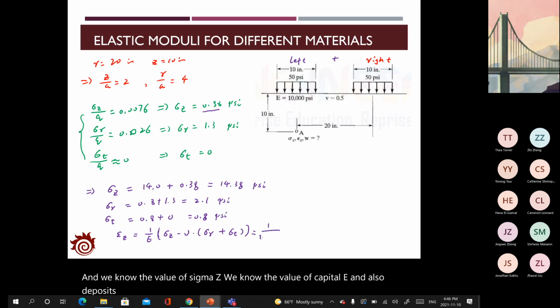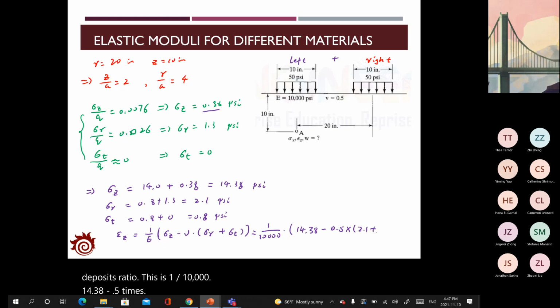This is 1 over 10,000 times 14.38 minus 0.5 times 2.1 plus 0.8. And you get the value of the vertical strain as 0.00129. So this is a small strain at point A.